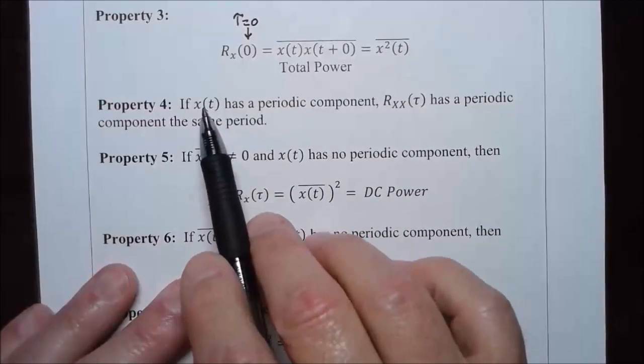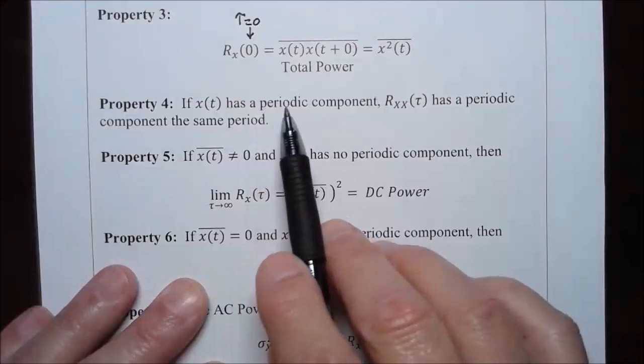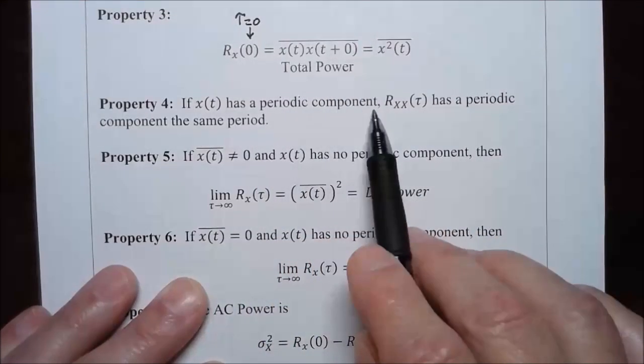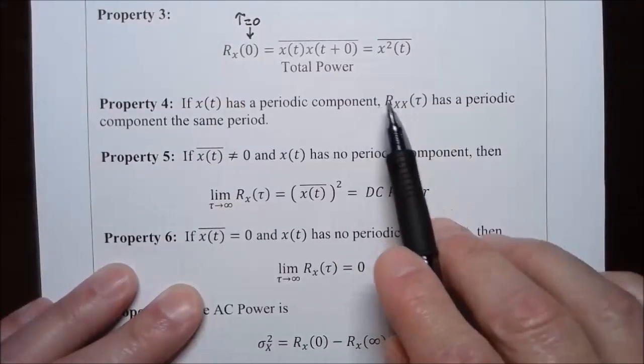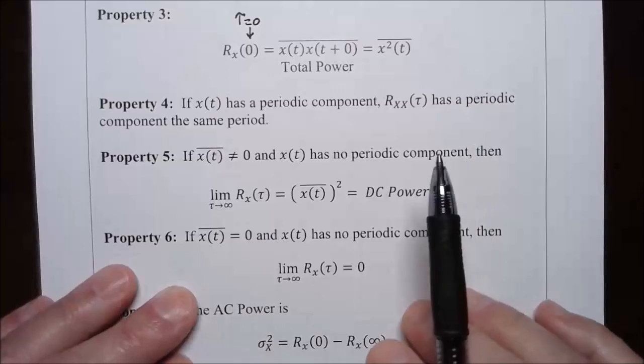If the random time function has a periodic component, so it is a random signal plus a periodic signal, then the autocorrelation has a periodic component at the same period.